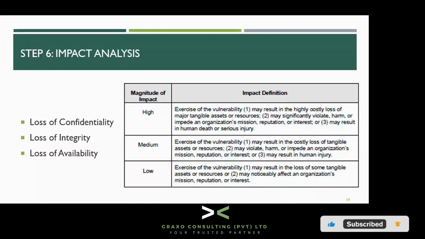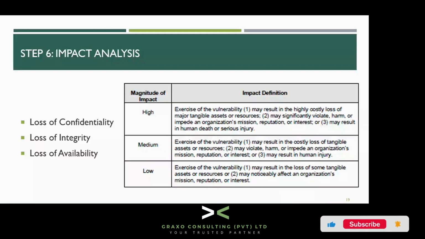When we talk about medium impact, we are talking about the threat actor being able to exploit the weakness. The result would be a costly loss of tangible assets or resources. These assets are not as expensive as compared to the previous level.